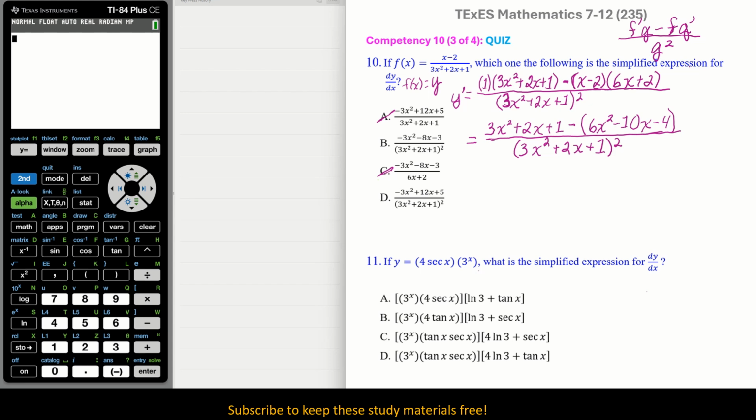Let me make sure I have this right. I'm double checking myself here. Yes, we should definitely be okay. So let's keep on going here and simplify.